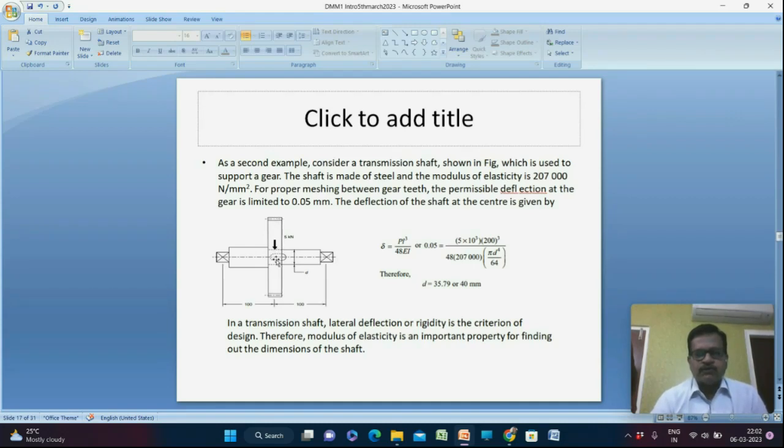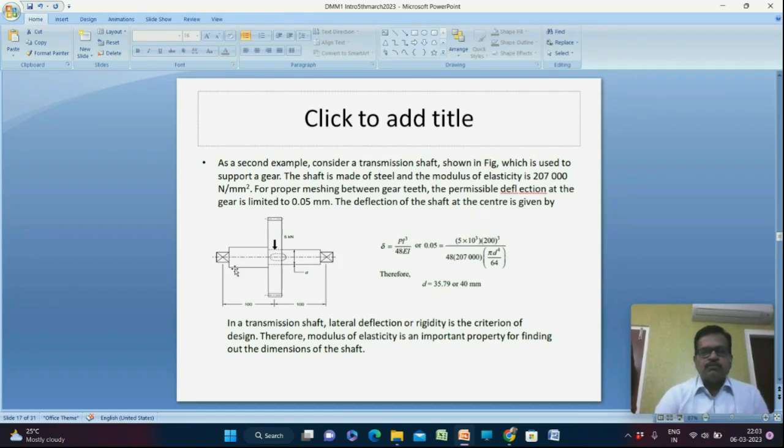The radial force applied is 5 kilonewton. This force is acting at the midpoint of this bar. So therefore, here we have to consider the elastic deflection.